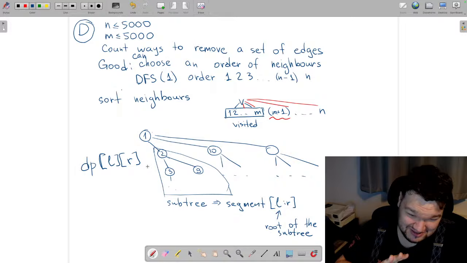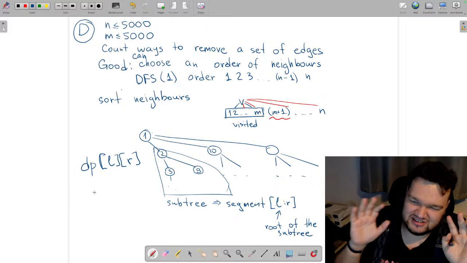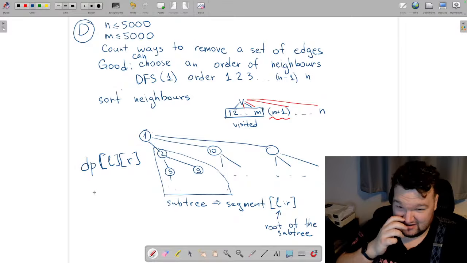And how can our transitions look like? For simplicity, let's just say that for now we just want to calculate how many different DFS trees there are. Ignore for now that we are counting the number of ways to remove the edges.